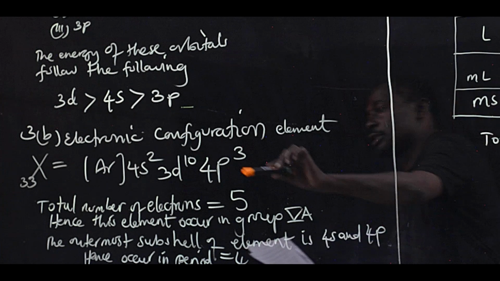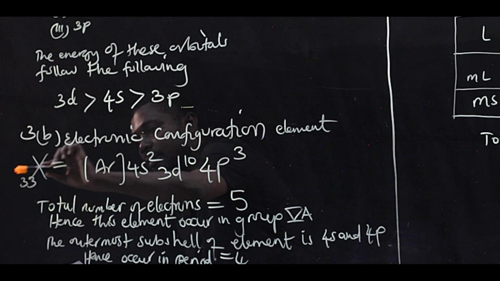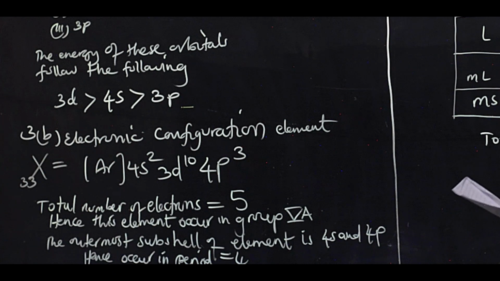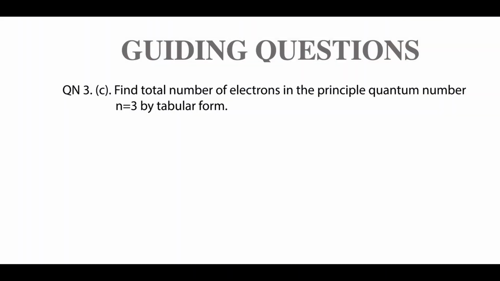This is the position of the element in the periodic table having atomic number 33. Question number 3C: find the total number of electrons in the principal quantum number n equal to 3 in tabular form.